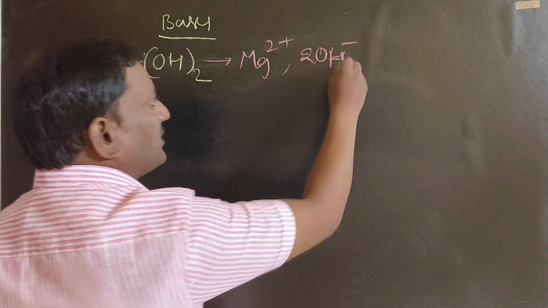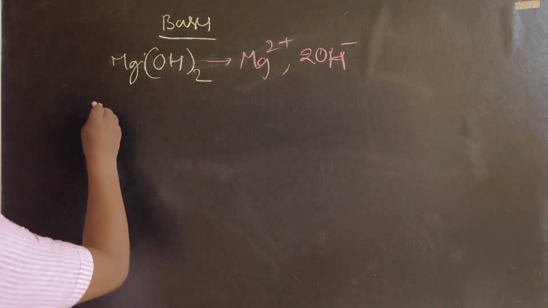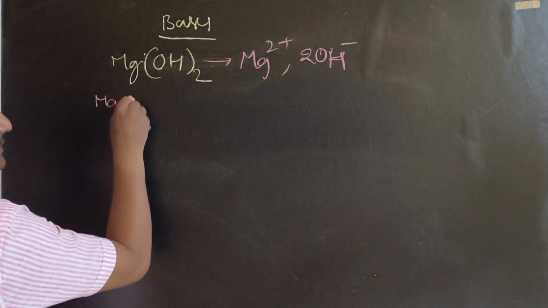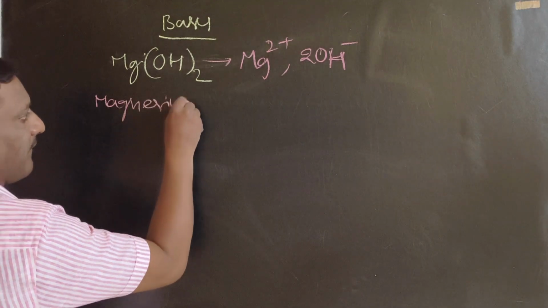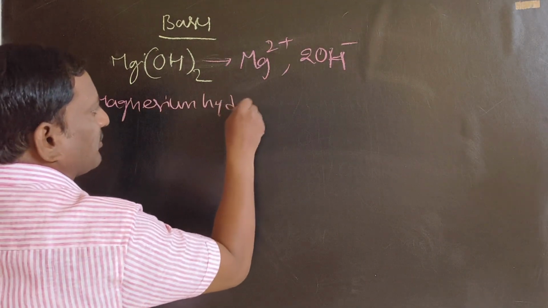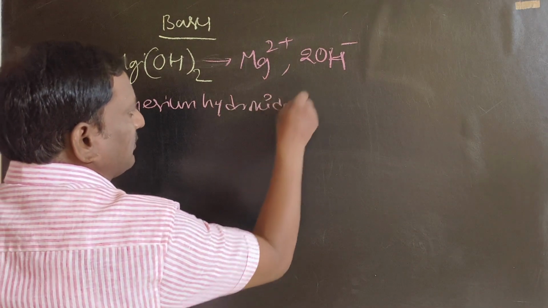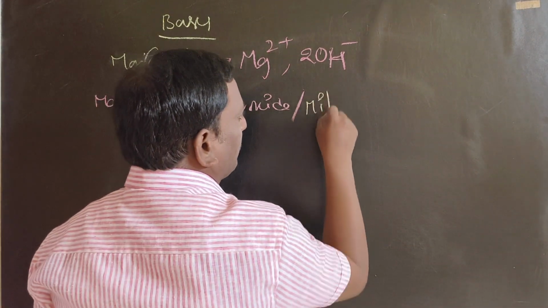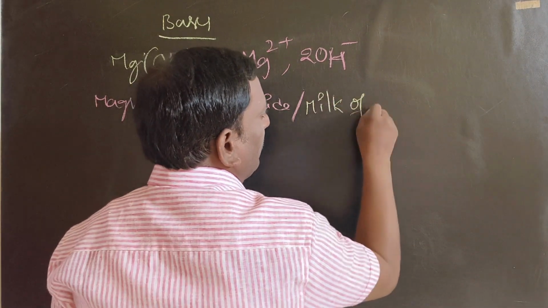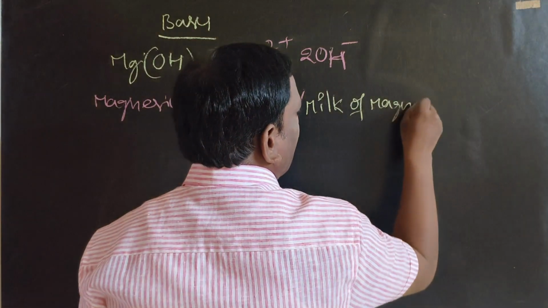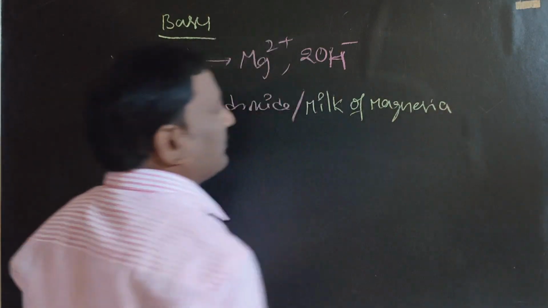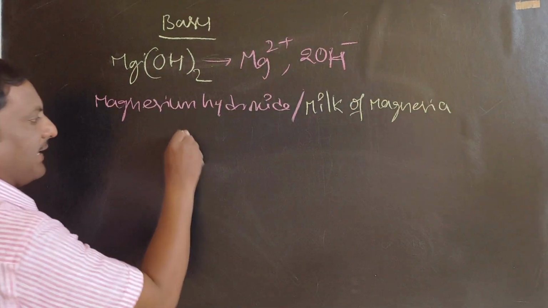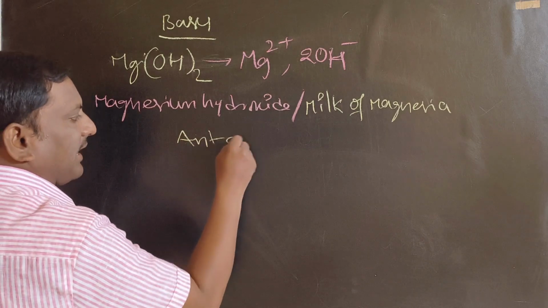Mg2 plus and 2 OH minus ions is called magnesium hydroxide, also called milk of magnesia. Very important, milk of magnesia is used as an antacid.